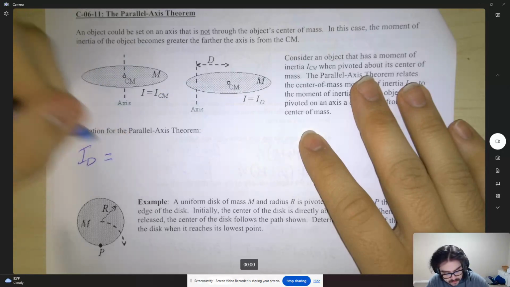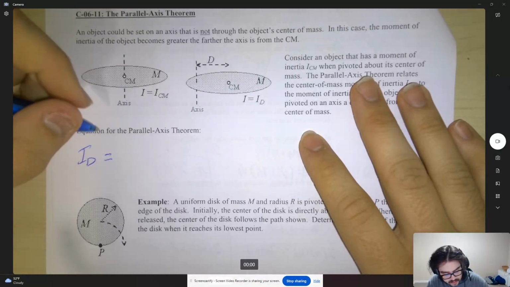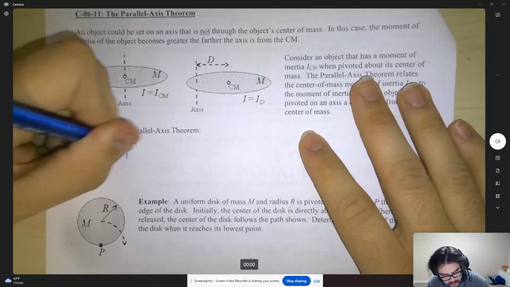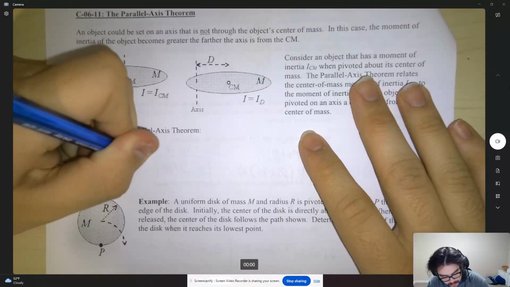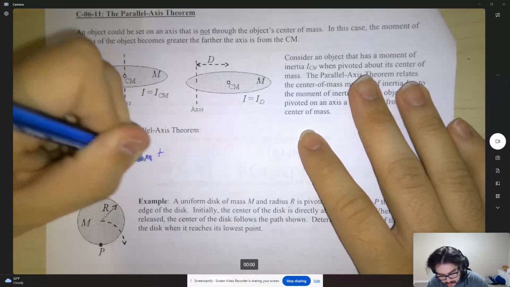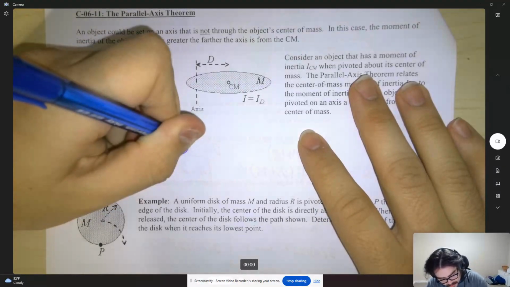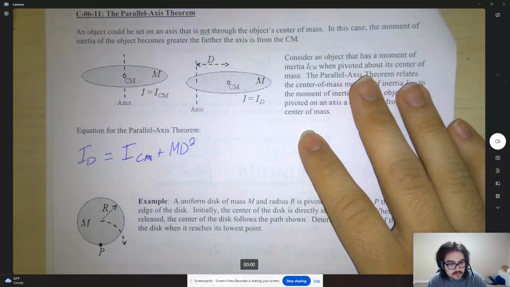That's going to give that in order to get that moment of inertia, I would need to do the moment of inertia about the center of mass and then add m d squared to that equation. Okay?